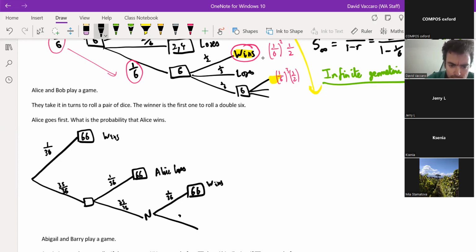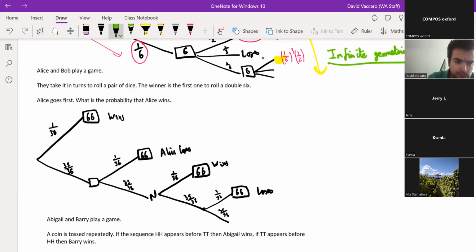Okay, and then the next time she can win is if Bob again fails to win, because if Bob gets a double 6, Alice loses. This is where we're going to get an infinite tree.